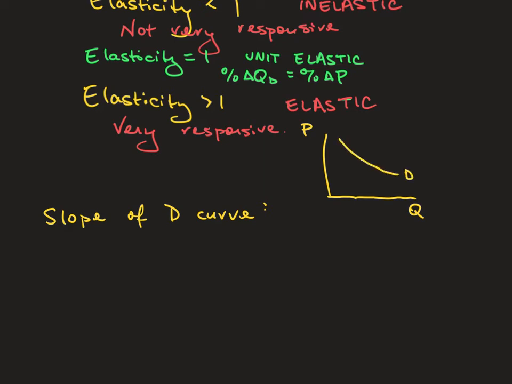If we calculate the slope between two points, remember that's the change in rise over the change in run. So the slope is change in price divided by change in quantity.